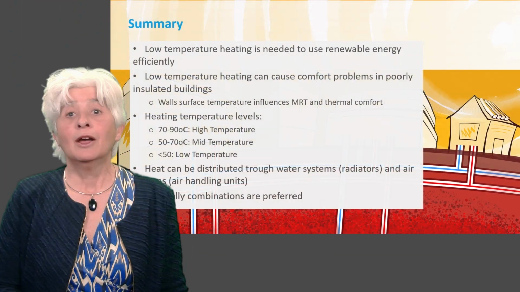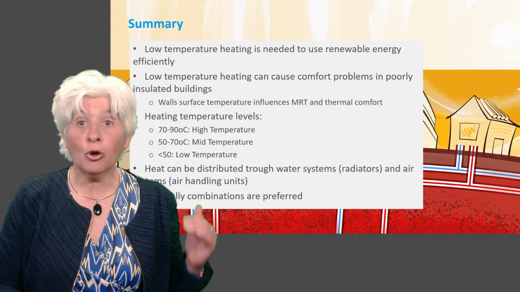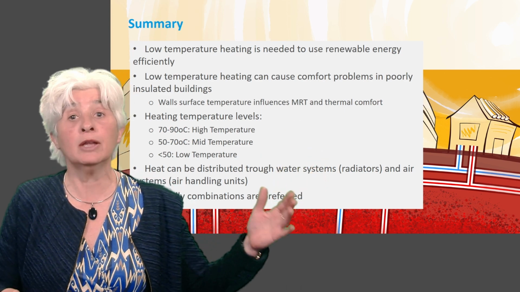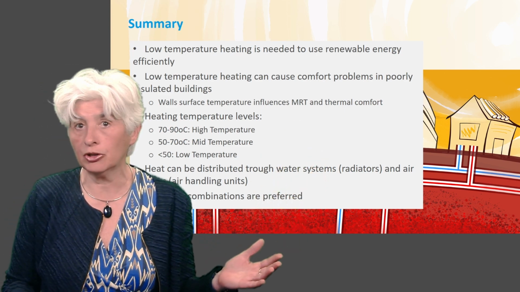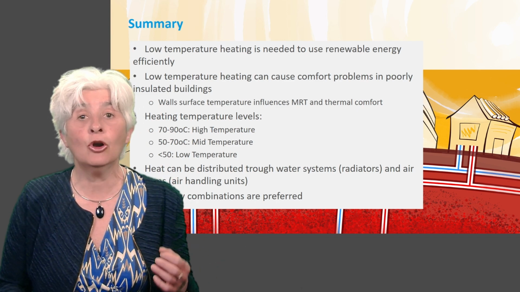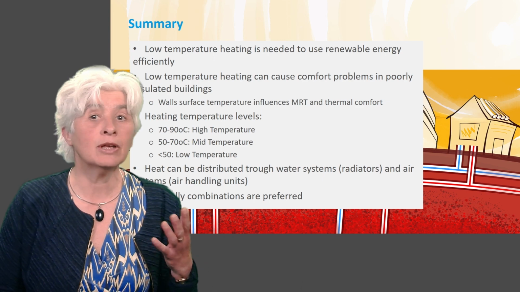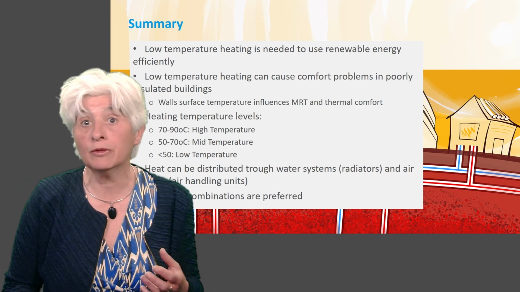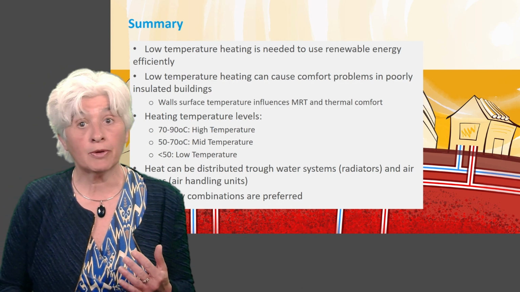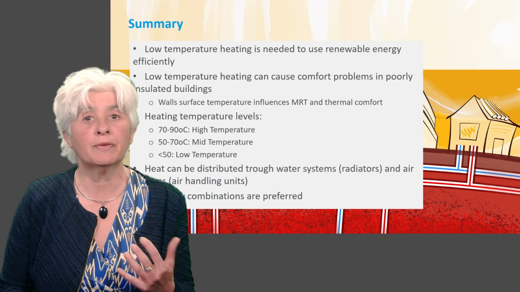In summary, you know now that we strive to low temperature heating to be able to make full use of renewables and to make a rational use of energy. You also know that in poorly insulated buildings, low temperature heating can cause discomfort, even though the calculated heating powers are correct. This comes from radiation from cold surfaces.